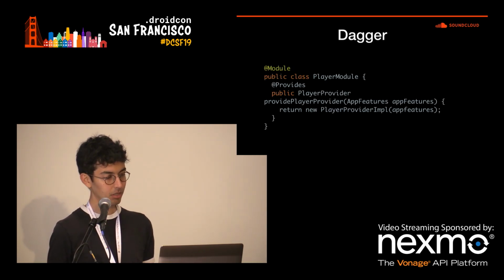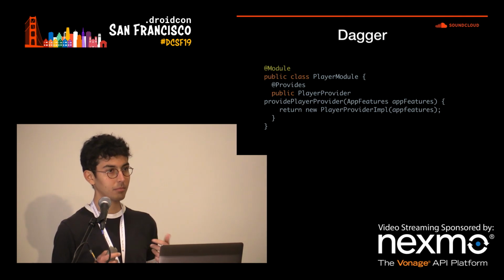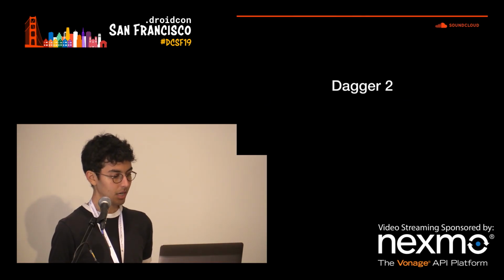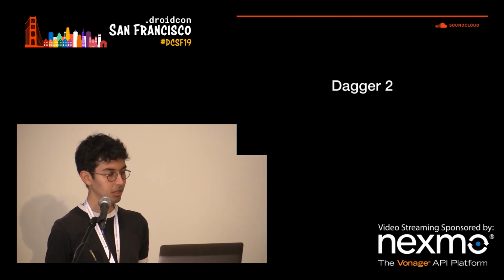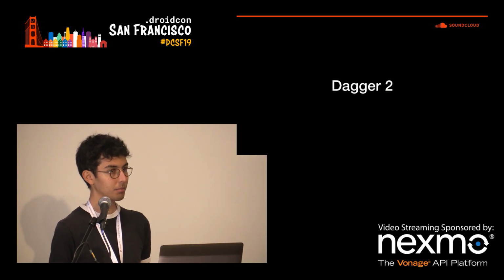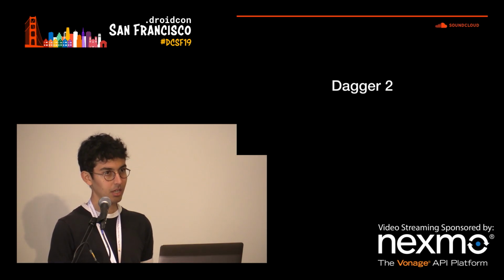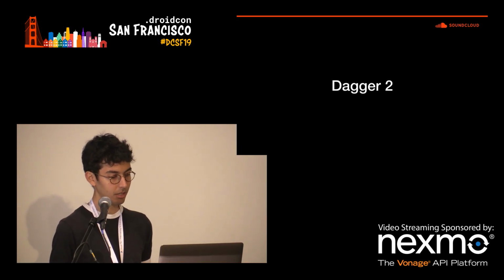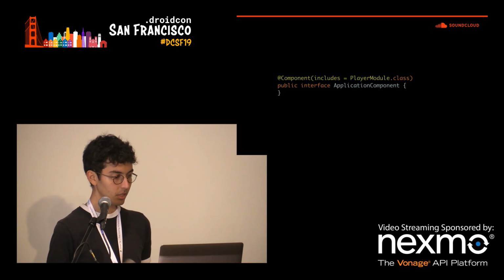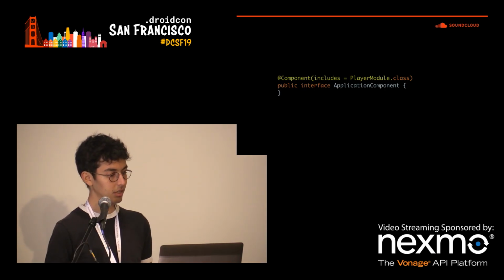It would find your object graph at runtime as well as at compile time to make the app start up faster. And then Dagger 2 came along because the set of constraints changed. Now we really, really did care about app startup time. We wanted to do everything at compile time, and we wanted to get feedback on our errors faster, and we wanted to do that at compile time. So we added these annotations and components, and that was Dagger 2.